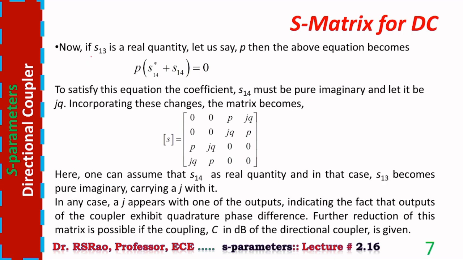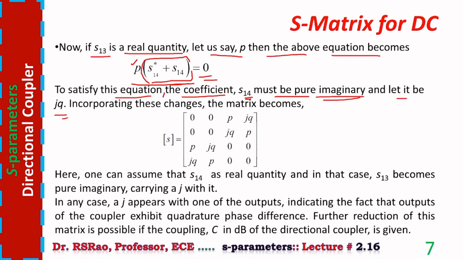Now, if S13 is a real quantity, let us say P, then the equation becomes P into S14 conjugate plus S14 equals 0. To satisfy this equation, the quotient S14 must be pure imaginary. In this equation, P is not 0, so the second factor must be 0. When can it be 0? Only when S14 is pure imaginary, and let it be JQ.